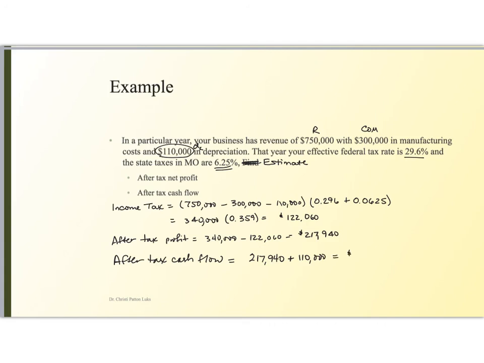So therefore, your actual profit is $328,000. The IRS net profit is going to be $218,000. The one that you really care about is this, okay? So this probably might take a little more practice than some of the other things that we've looked at.